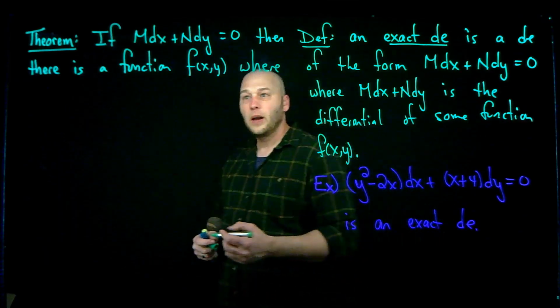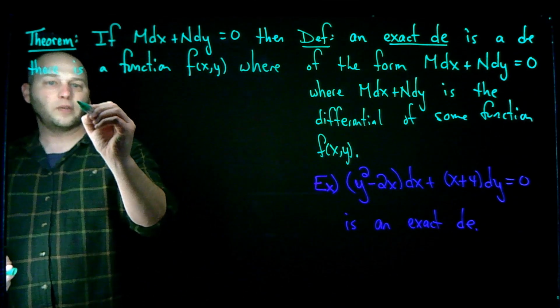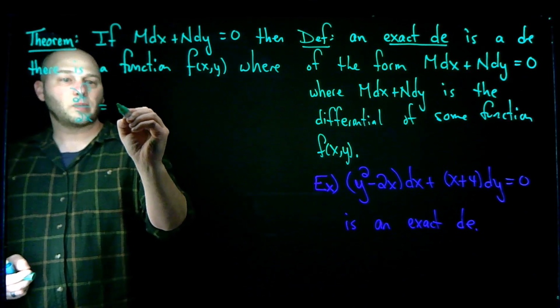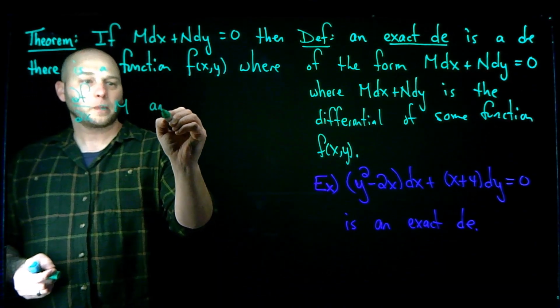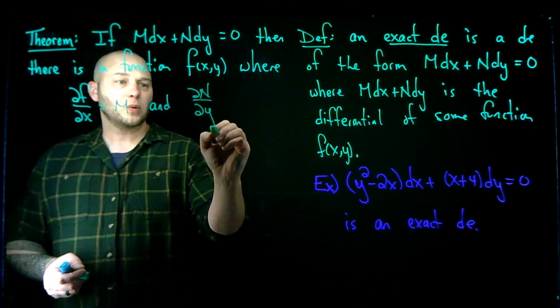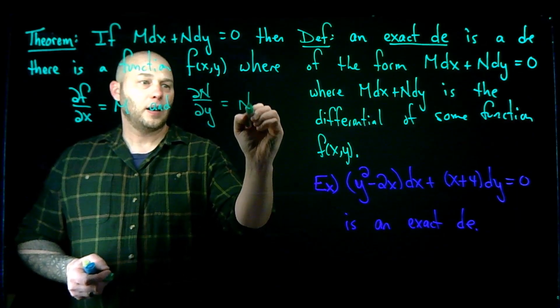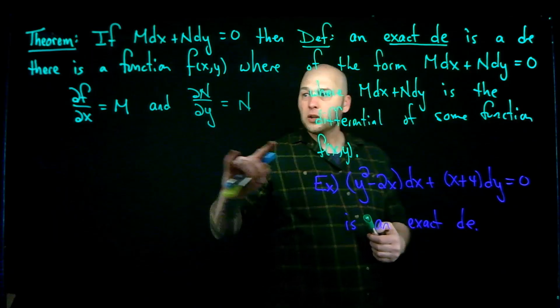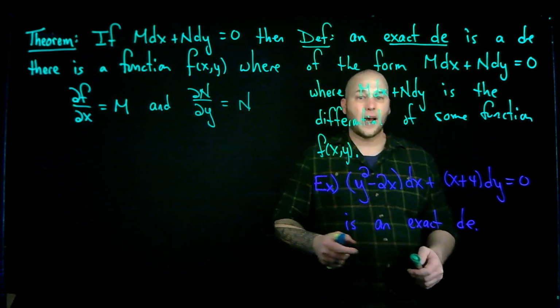So therefore, the partial derivative of f with respect to x is given by M, and the partial derivative of f with respect to y is given by N. I'm going to use those two conditions right there to solve an exact differential equation.